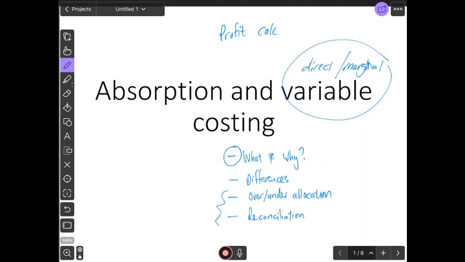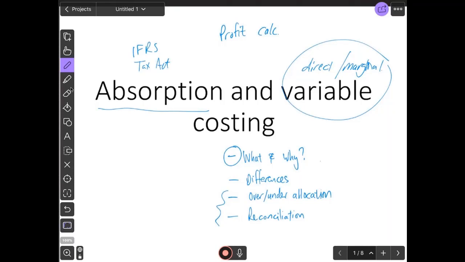Now, why do we have two? So don't worry about the rest of the lecture and don't write anything down. Just listen. By the International Financial Reporting Standards, and by the Tax Act, we have to use absorption costing when we show profit in our financial statements and on our tax return.